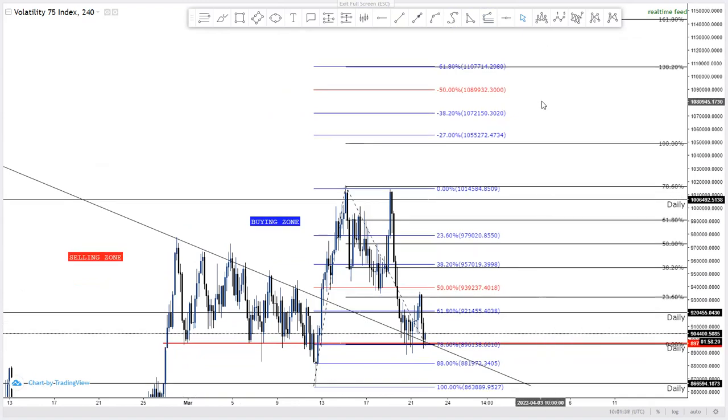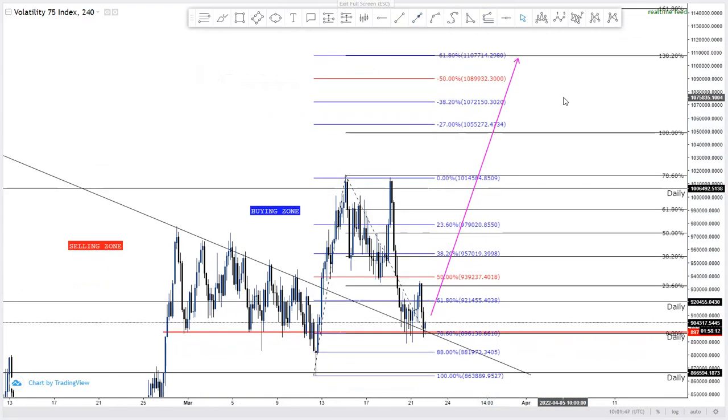The market can come all the way to this zone here, because as you know, Fibonacci extension also works with certain correlations. So right now, we're at a very good buying point.